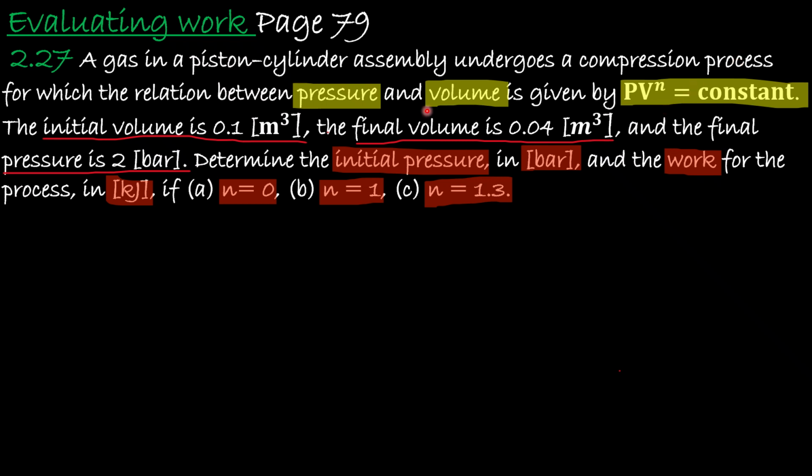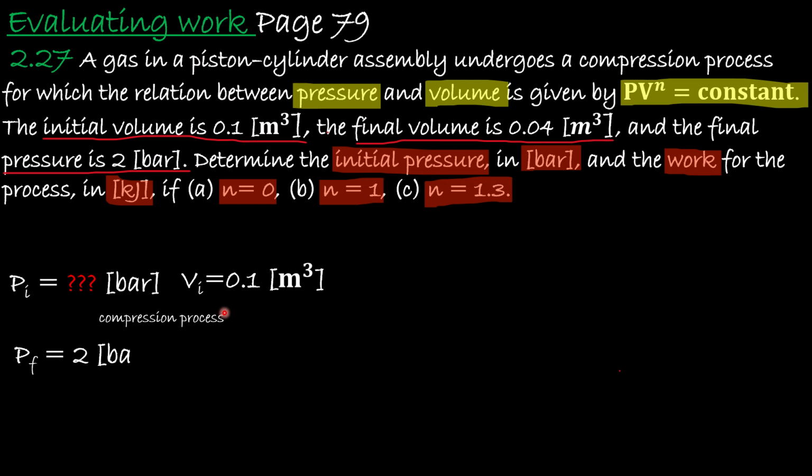So here we are told that the relationship between pressure and volume is a polytropic relationship, or a polytropic process. Now, let's write down what is given. Initial pressure, that's what we are asked to find. The initial volume is 0.1 meter cube. And remember, from this state, we compressed the gas. So this is a compression process.